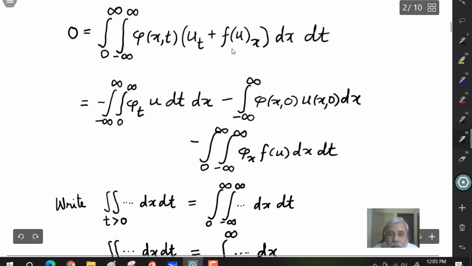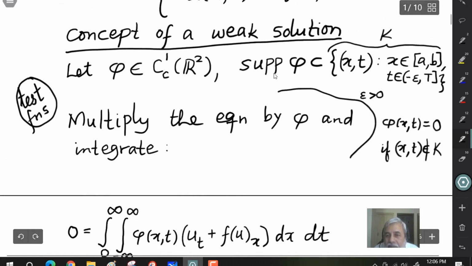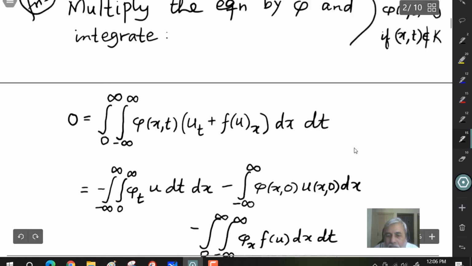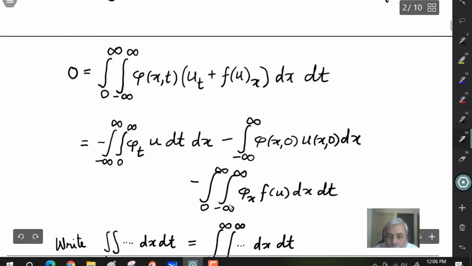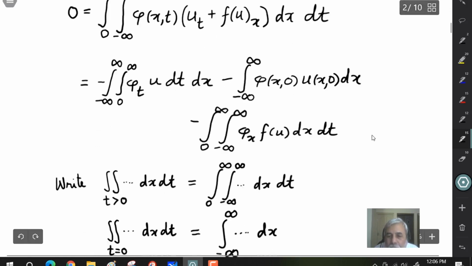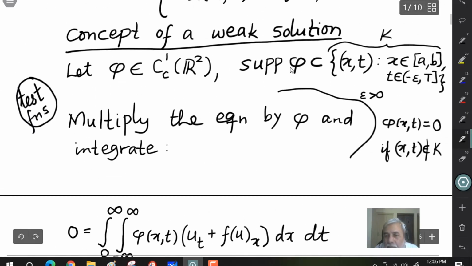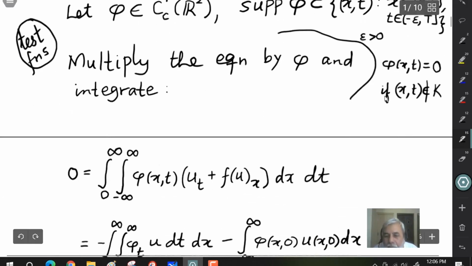With respect to the x variable, this is just f(u) phi_x dx dt, and there are no boundary terms here because this phi vanishes outside a finite interval. So there is only a boundary term here. That would also be 0 if phi(x, 0) were 0, but in general phi(x, 0) is not 0, by the nature of the phi we have taken.